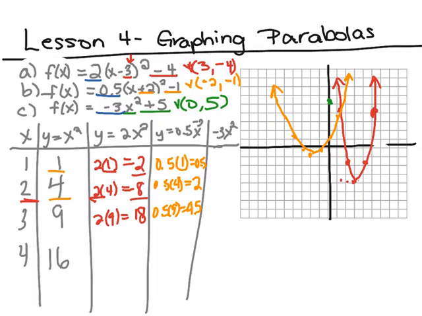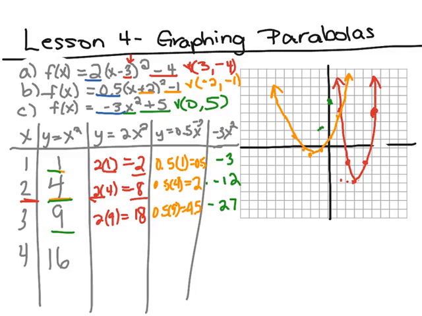And for the last one, if we went over 1, it'd be negative 3 times 1, which is negative 3. This would be negative 3 times 4, which is negative 12. And this would be negative 3 times 9, which is negative 27. And for this one, because it's a negative, now it opens down. So from the vertex, if I go over 1, I go down 3.